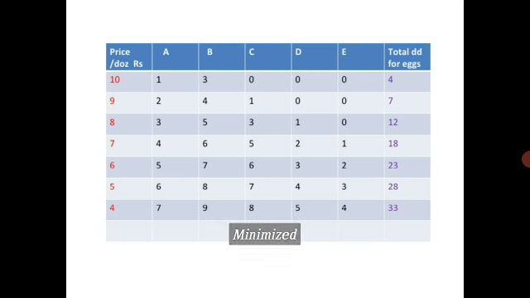When the price was slightly reduced, you can see the demand for eggs was rising. It is an effect of the decreasing price. So demand increases as price decreases, and vice versa.